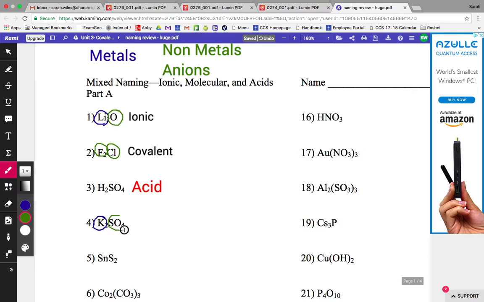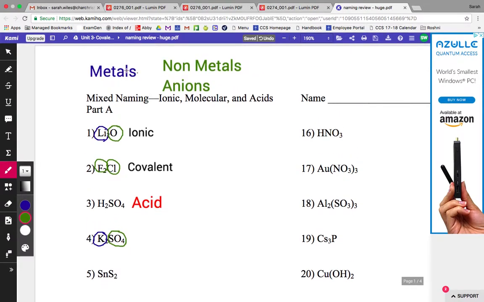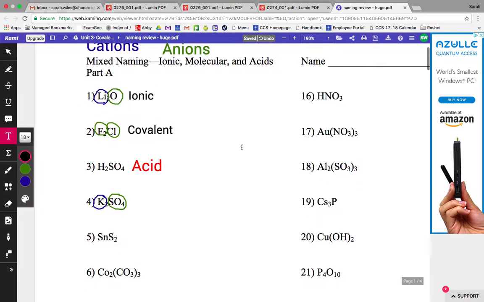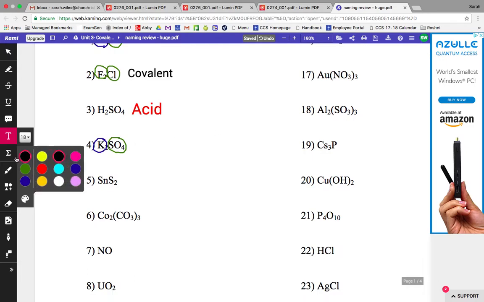Because nonmetals always form anions and metals always form cations, I'm going to use the same color to label metals and cations, and nonmetals and anions. Okay. K2SO4. If there are 3 letters, it is always ionic in this class.